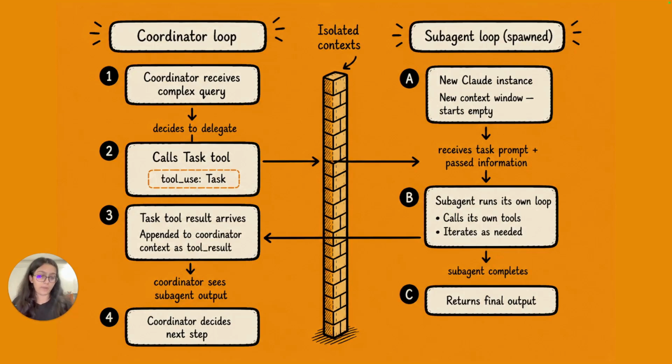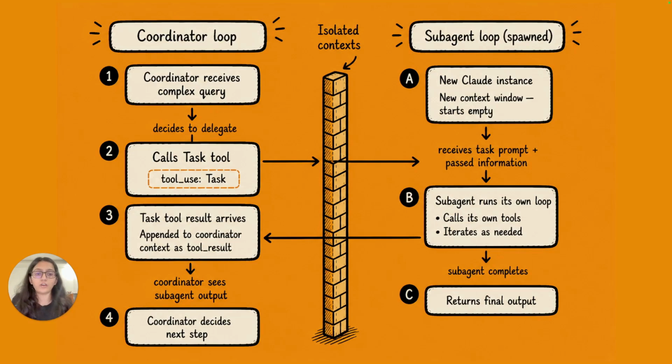Your code appends it to the coordinator's conversation history as a tool result, exactly like any other tool would have done. Now, the coordinator sees the sub-agent's output as a message in its own context, and it can use that information to decide what to do next. The coordinator never really saw inside the sub-agent's loop at all.